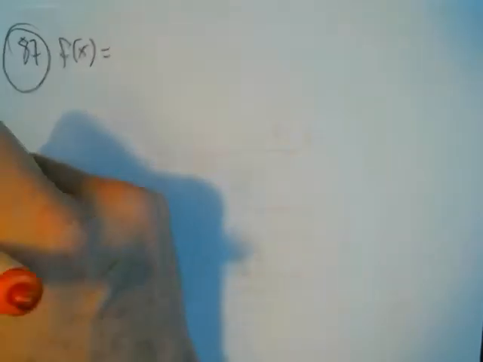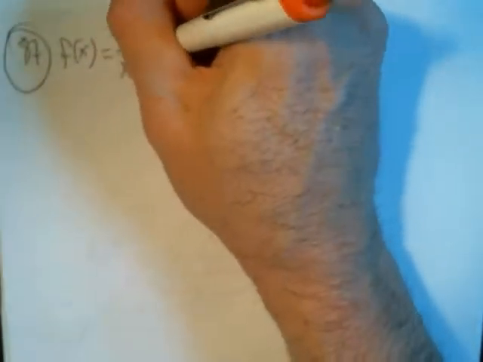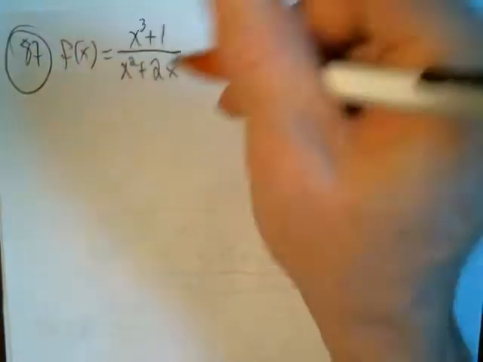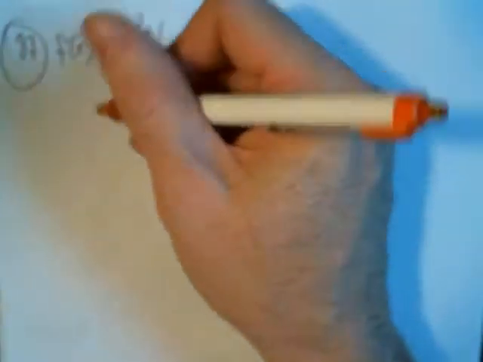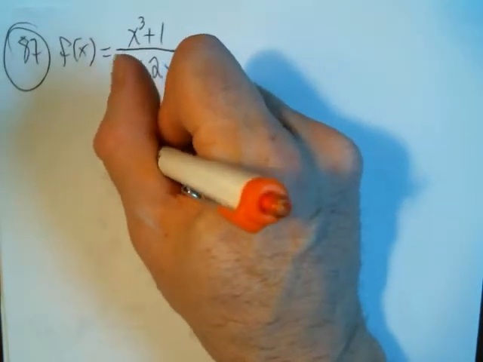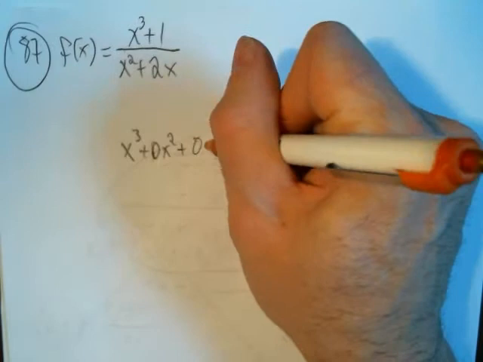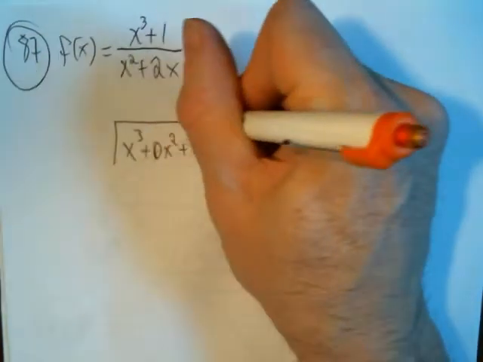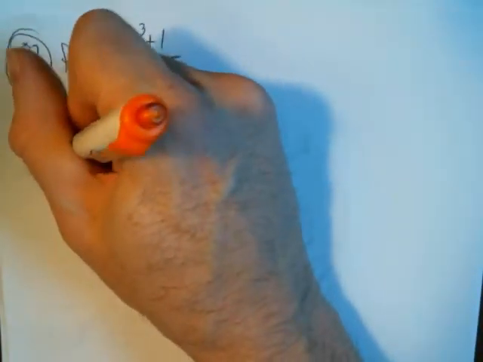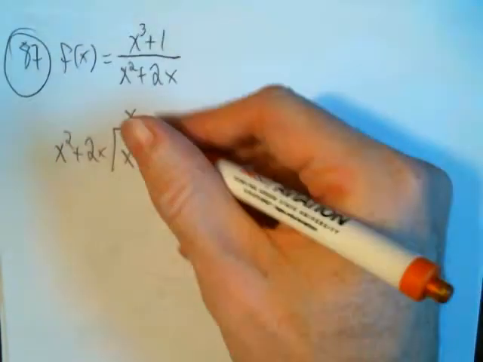F of x is x cubed plus 1 all over x squared plus 2x. Okay, so again, I want to get the slant asymptote, so I'm going x cubed plus 0x squared plus 0x plus 1. The outside I have x squared plus 2x. So what times x squared is x cubed?